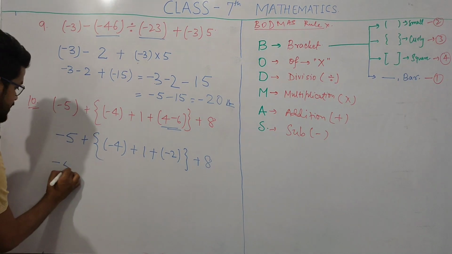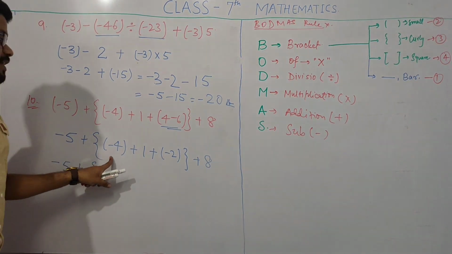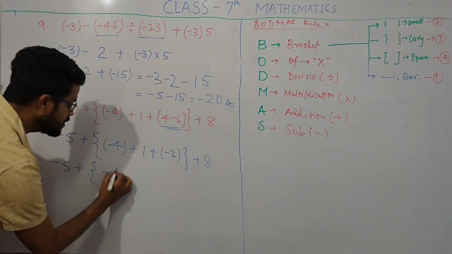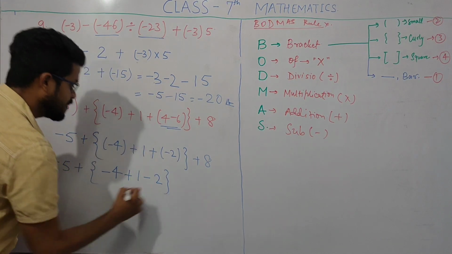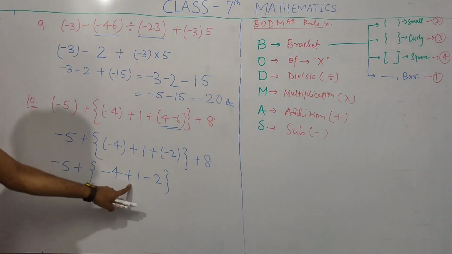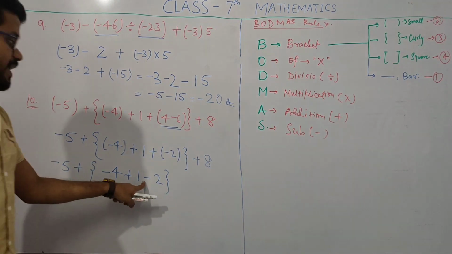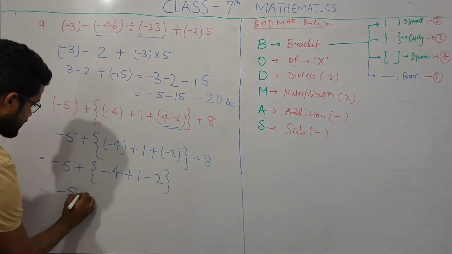So now this is minus 5 plus the curly bracket, and inside the curly bracket there is minus 4 plus 1 and plus minus 2. Minus 4 plus 1 is minus 3, and minus 3 minus 2 is minus 5.